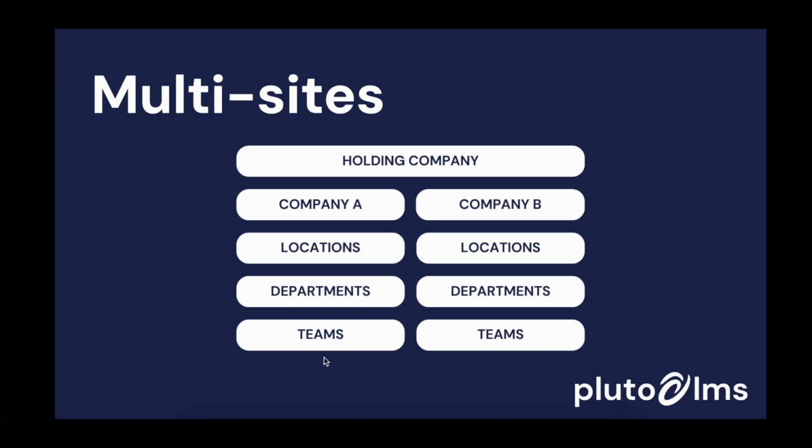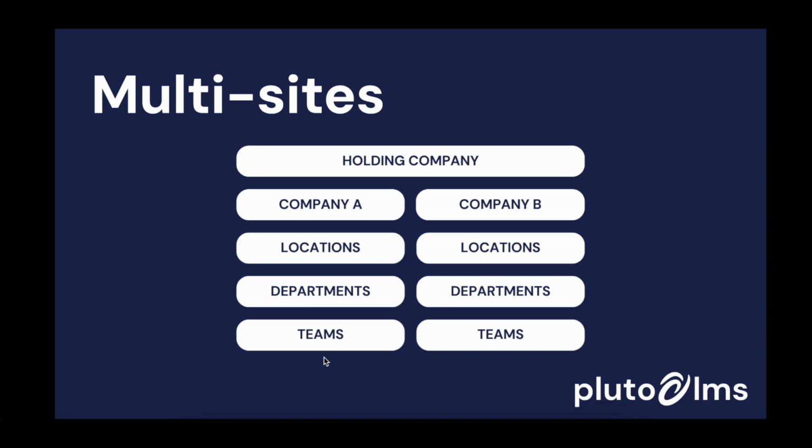Then company B will have the same thing. Now, that doesn't mean courses can't be shared amongst company A and company B. We have LTI that allows you to share courses. So you might want to have a primary LMS, let's call that the holding company LMS, and you've got some training that every employee across all the subsidiaries need to do.